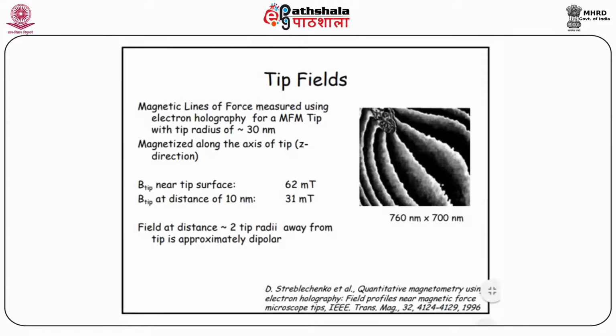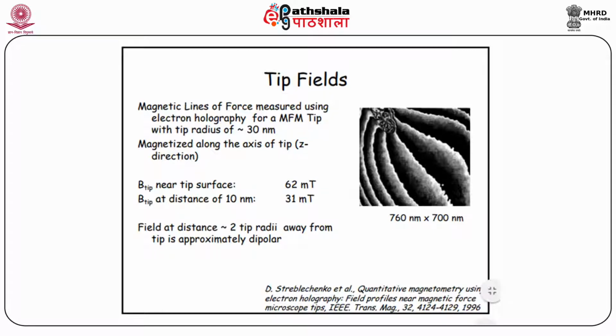Tip effects. A diagram is given where the non-contact mode has been used, and then magnetic lines of force measured using electron holography for an MFM tip with a tip radius of 30 nanometers, magnetized along the axis of the tip, the z direction.